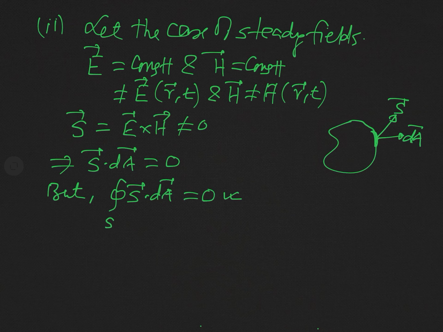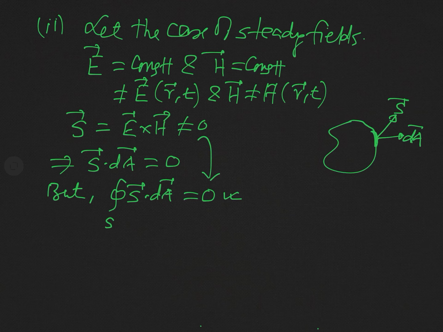Here we are taking S not equal to 0, but in that condition we can show that the integral of S dot dA over a closed surface is 0. It means the Poynting vector is not 0, but the flow of energy through a closed surface is 0.